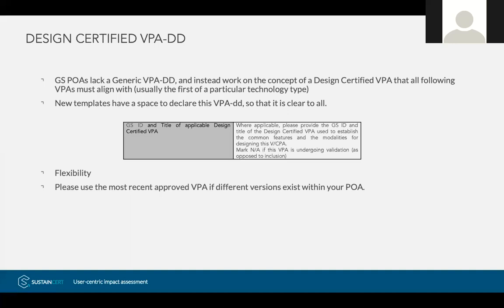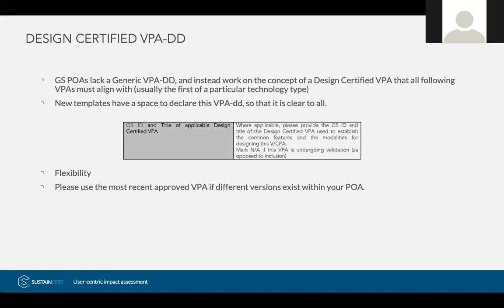Instead, they work on the concept of a design certified VPA that all the matching VPAs from that point must align with. And this design certified VPA goes by technology type, as you would expect.